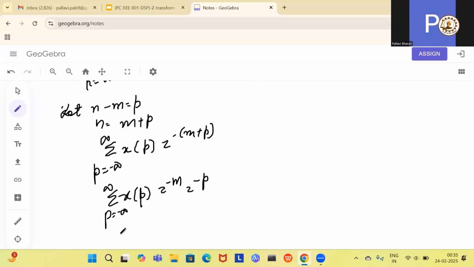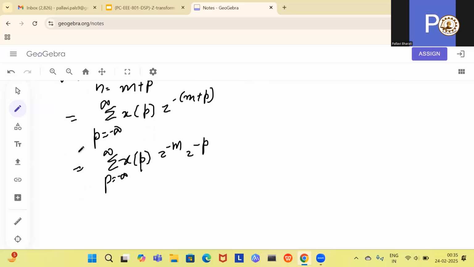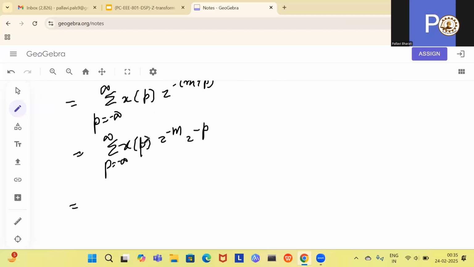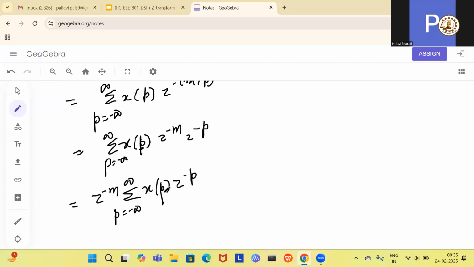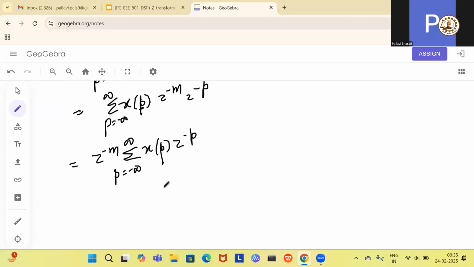If I take this z to the power minus m outside, because p is the variable over here, it becomes the sum over p equals minus infinity to infinity, x of p, z to the power minus p. This is again a Z transform. You can replace this variable p by n, the original one. So basically it is X of z.